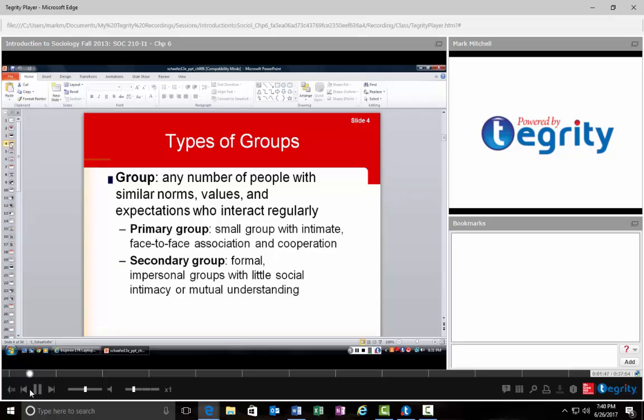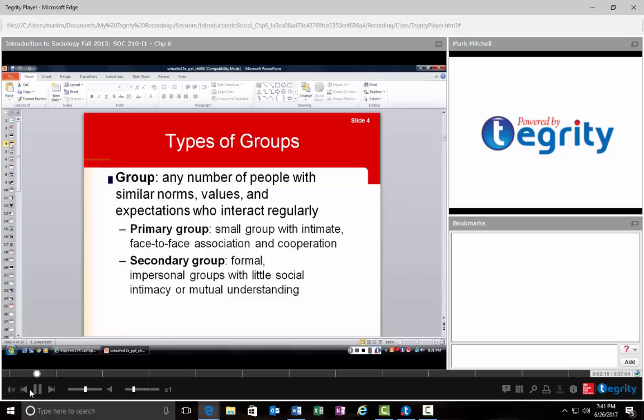They don't really qualify as a group because they may have the norms, the values, maybe even certain expectations in common, but most of them do not interact at all. So that is more of a crowd or an aggregate, but it really would not be considered a group.